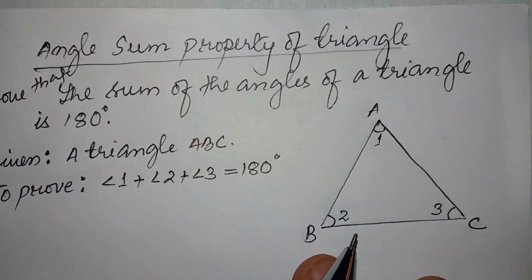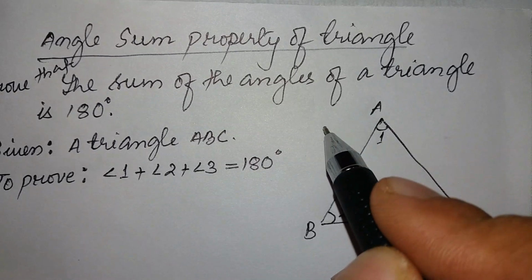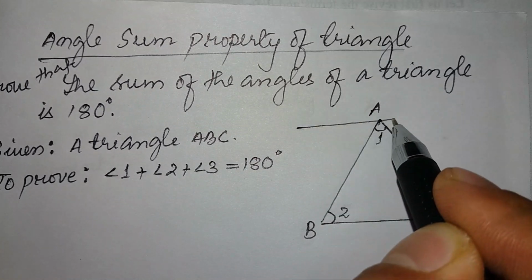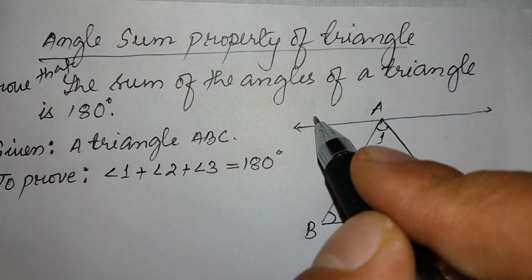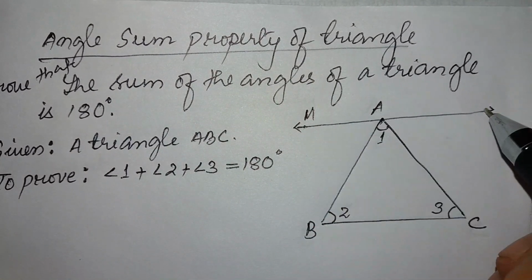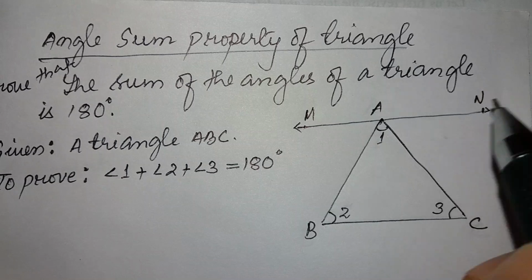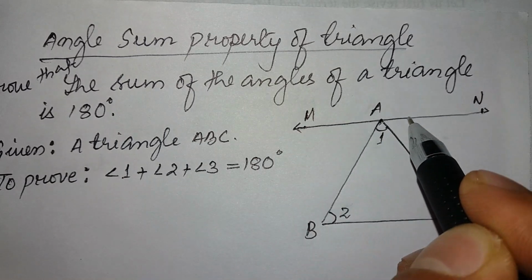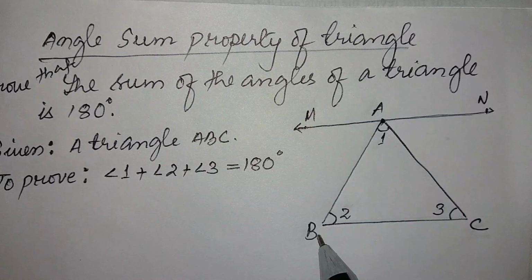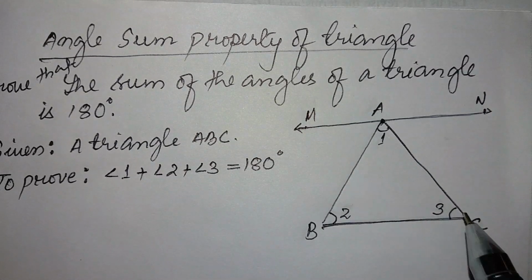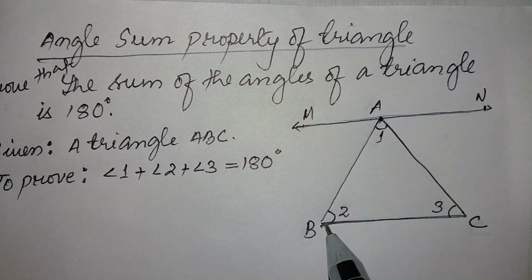Now to prove this, we will make a construction here. So let's call this MN, and we are drawing this line MN passing through A such that this line is parallel to BC. So these two lines we're drawing parallel.